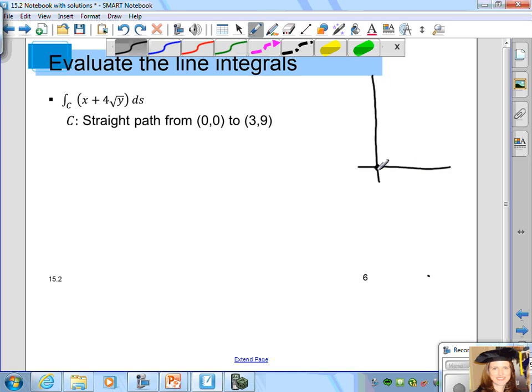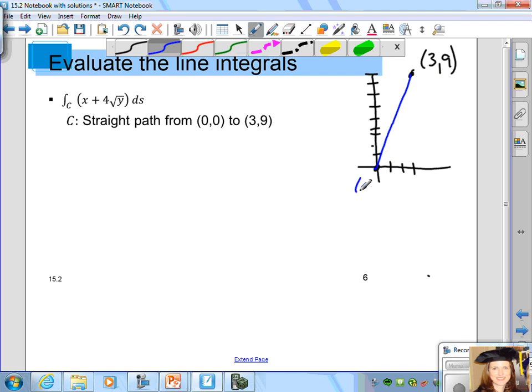Here, you're starting at the point 0, 0, and you're moving to the point 3, 9. It's a straight path, so you can come up with the equation of the line using the y-intercept and the slope.